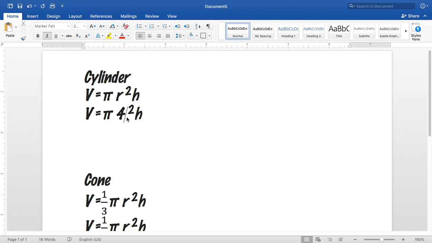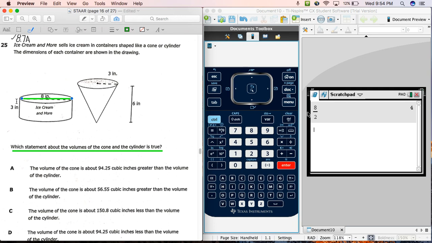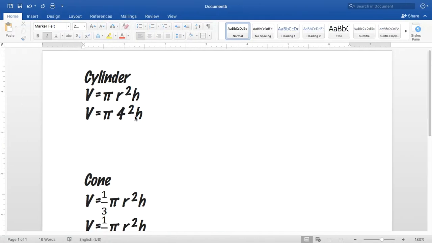The next thing I'm going to look for is the height of my cylinder, which is pretty easy to see, guys. I'm going up and down in this case. The height of my cylinder is 3, so I'm going to plug in a 3. All I really have to do is plug this in the way I see it.